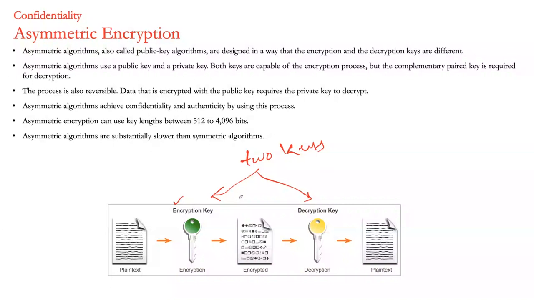The key lengths used in asymmetric key are generally between 512 and 4096 bits. Very long keys are used to secure the data. When the key size is increased, the computational power needed is also increased.